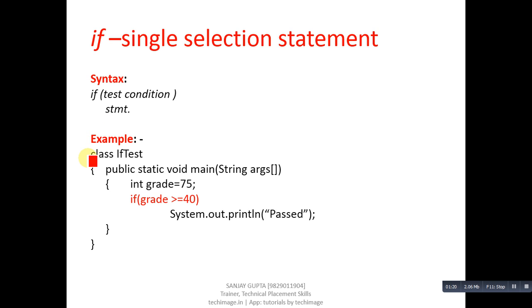You can see this example: class IfTest, then public static void main, then int grade equals 75. The if condition checks whether the grade is equal to or greater than 40. If this condition is true, then this println statement will print passed. If the condition is false, nothing will be printed. In this situation, the passed message will be printed on the console because the condition is true.